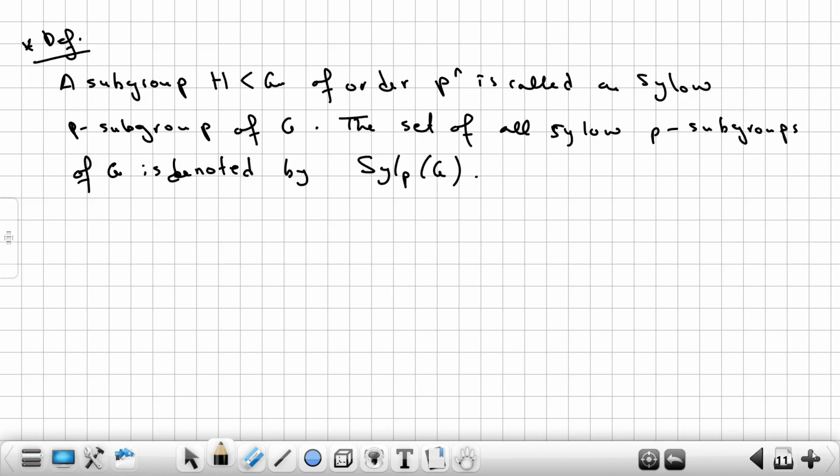Okay, now theorem, Sylow's second theorem.